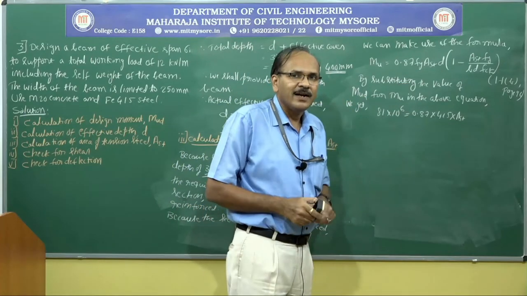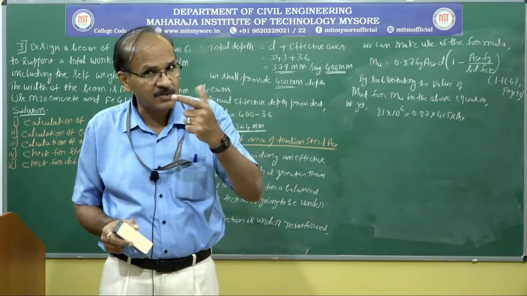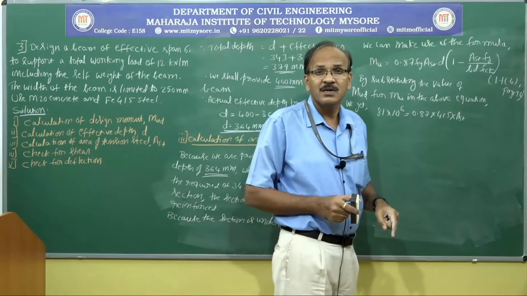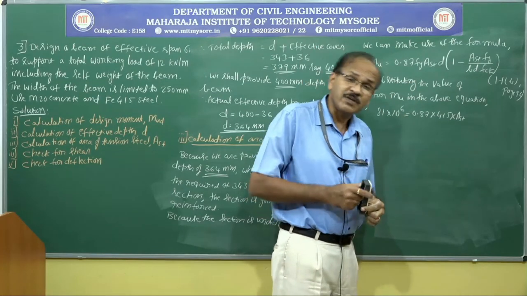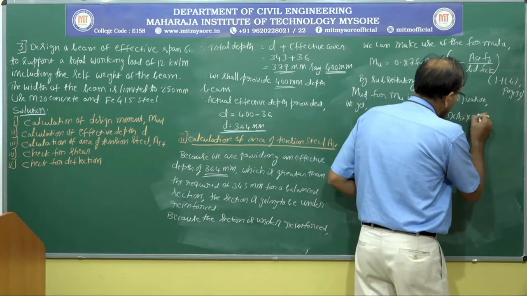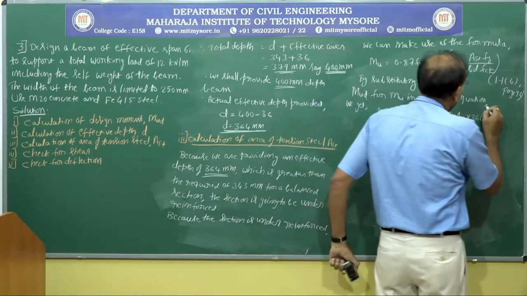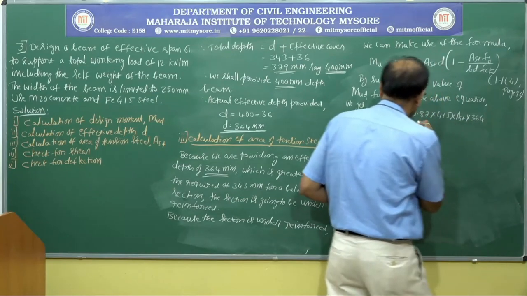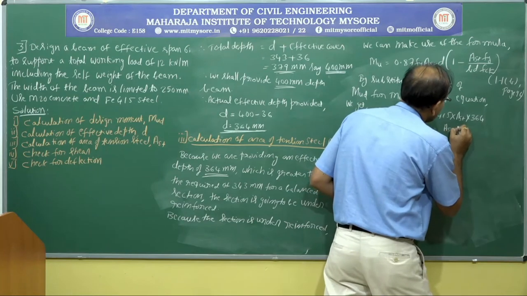Then what is d? d is not 343 millimeter, which we calculated for a balanced section. Instead, we have to provide the actual effective depth of the beam we are providing. So what is the actual effective depth we are providing? That is 364 multiplied by 1 minus Ast, yes, we don't know yet.